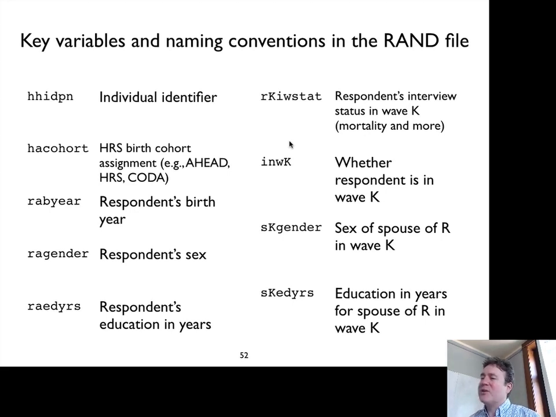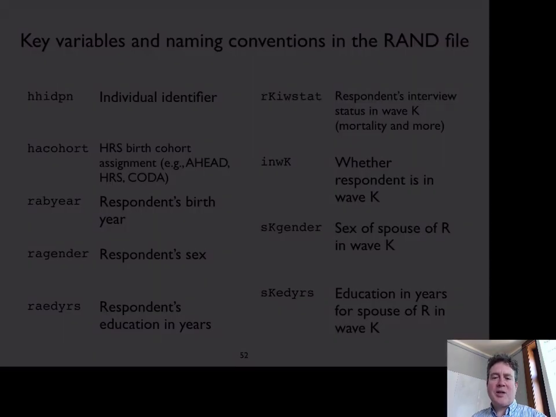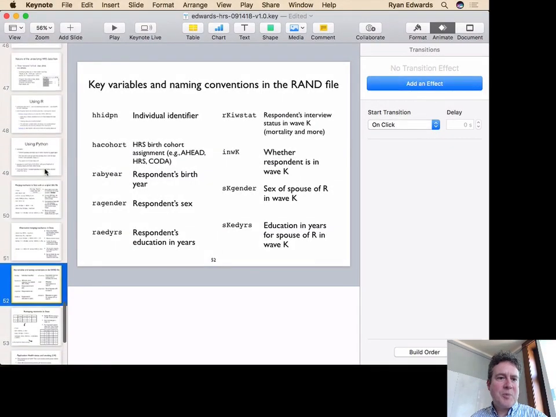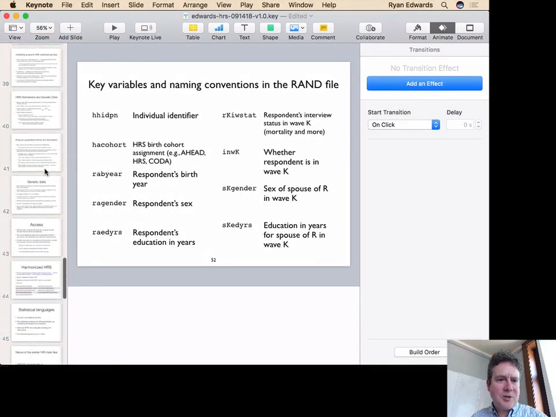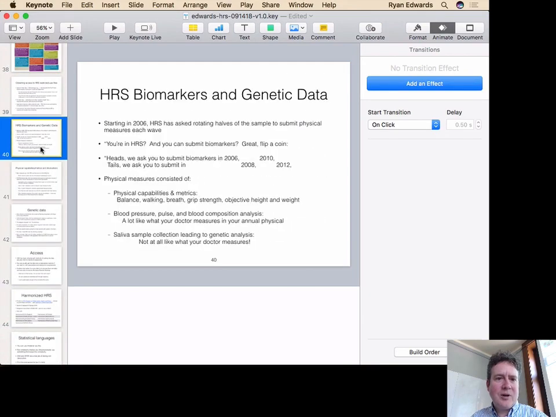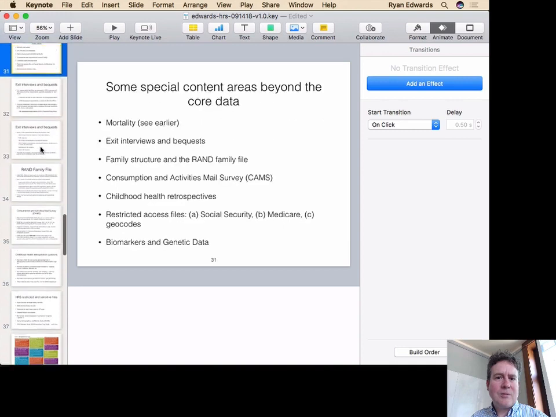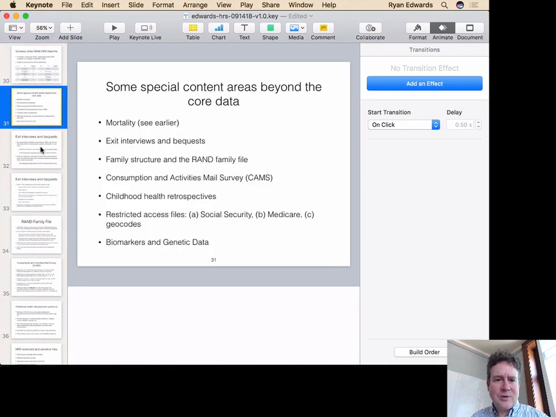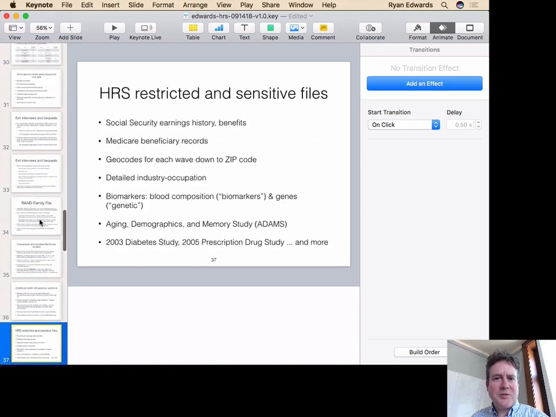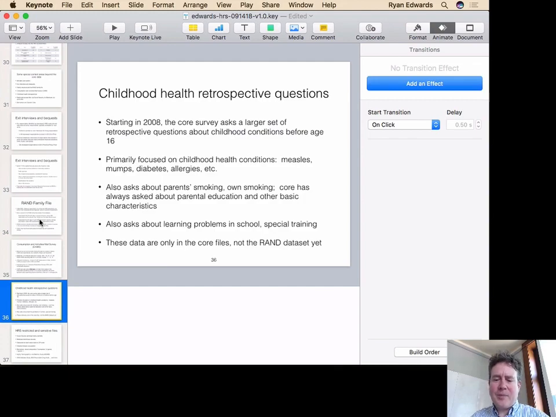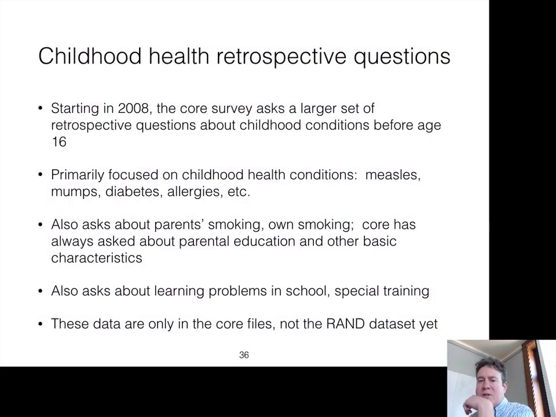The other thing I will say is, suppose you're interested in something like the childhood retrospectives, which I don't think I talked a lot about. There are exit interviews, core, childhood health retrospectives. I wonder where that went. Okay. If you're interested in these, they started in 2008.